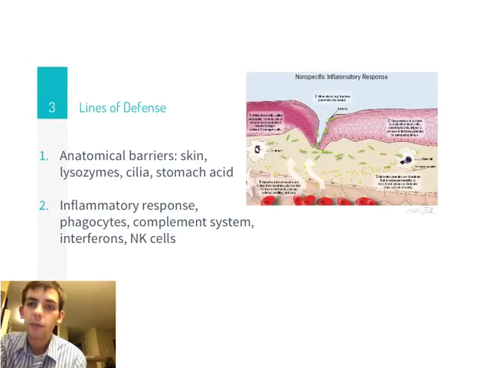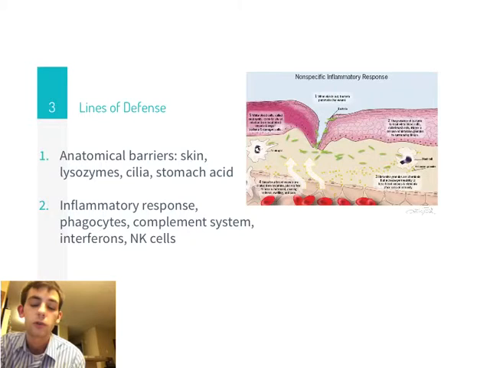So you have a couple of lines of defense before we start getting into the meat of the immune system. The very first line of defense is anatomical barriers, and the first is your skin. Your skin serves as a protection from outside pathogens. Your mouth also serves as an anatomical barrier.